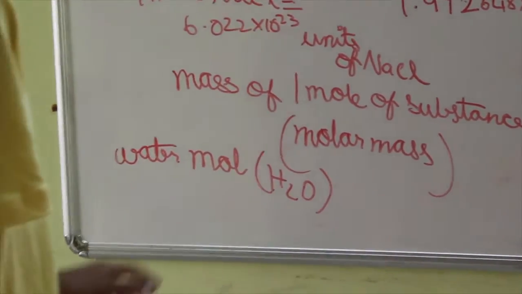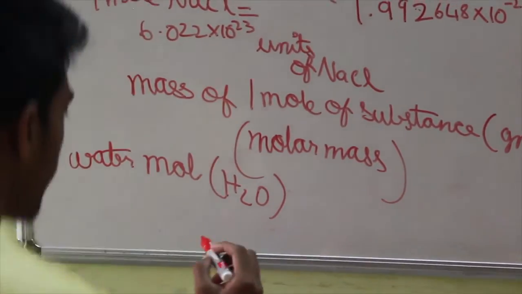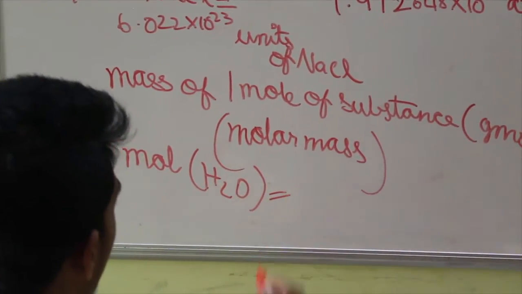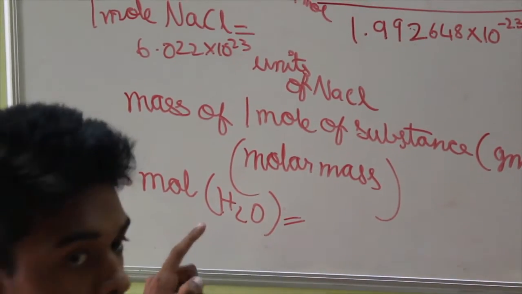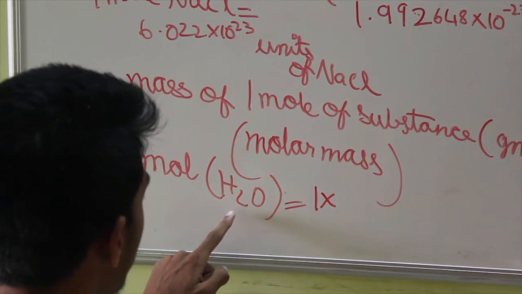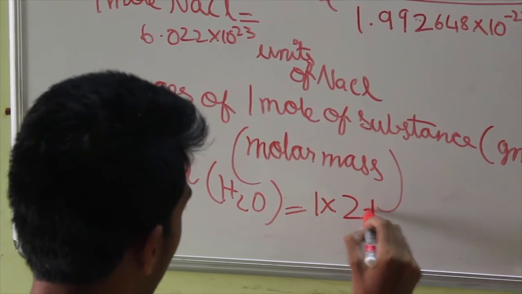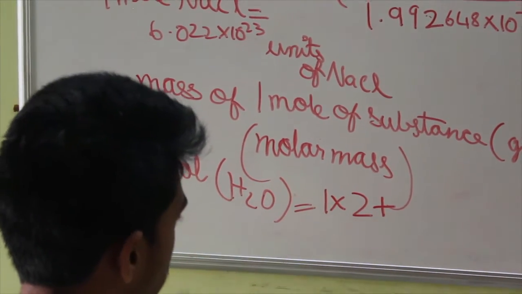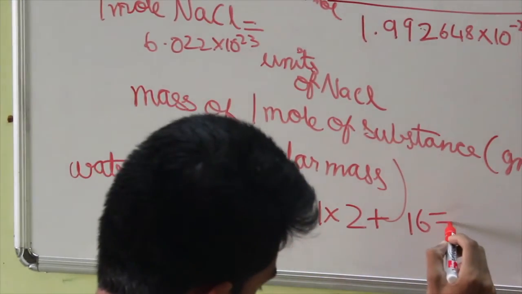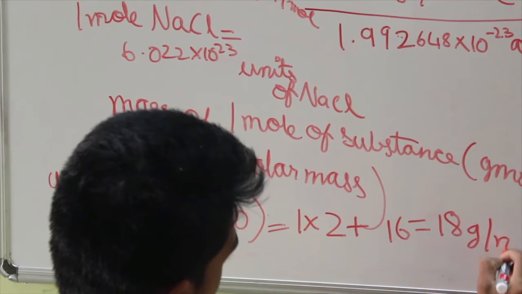Now to find the molar mass of water molecule, we have to take the mass of hydrogen, which is 1, and we'll multiply it with the number of atoms of hydrogen, which is 2, and add it with the mass of oxygen, which we get as 18 grams per mole.